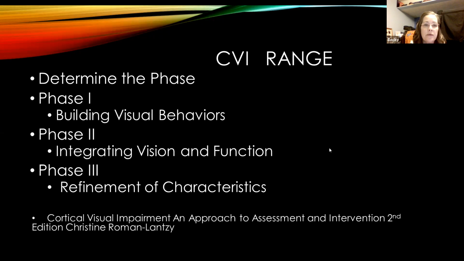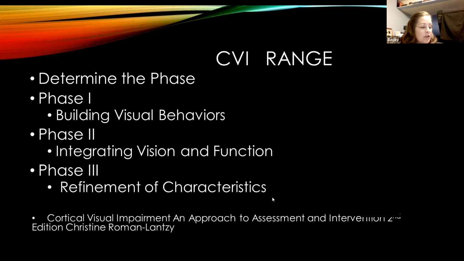When we think about our students who are in phase 2, we're thinking about students who have scored a 3+ to 7 on the range, and there we're focusing on integrating their vision and functional tasks. And in phase 3, we're thinking about students who have scored a 7+ to 10 on the range, and for those students, we're working on refining those characteristics. And we don't typically see students with CVI ever resolve all of the characteristics, because there's always a situation where they are going to need some kind of accommodations.